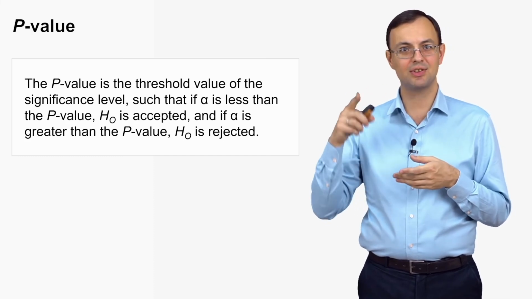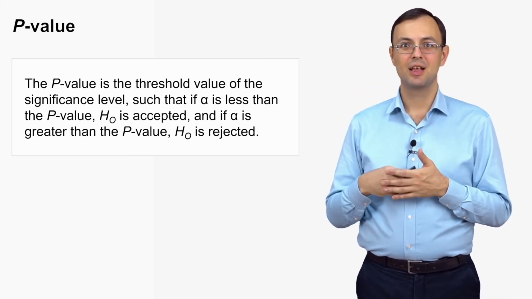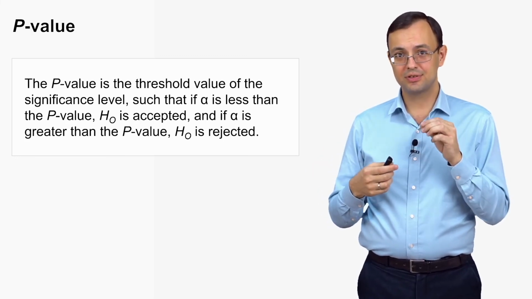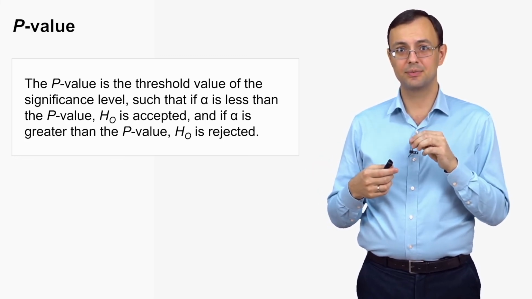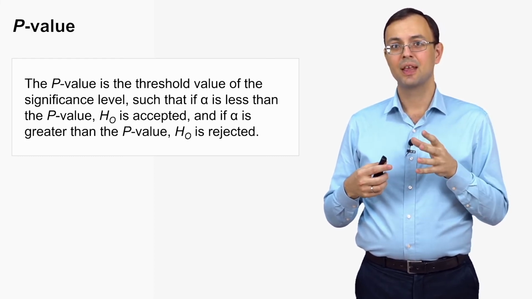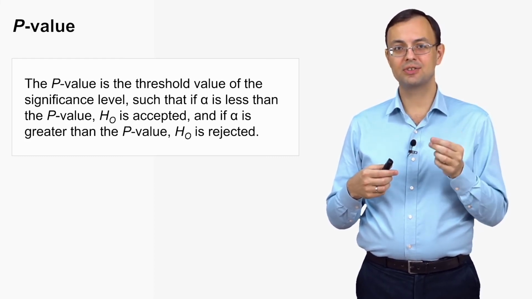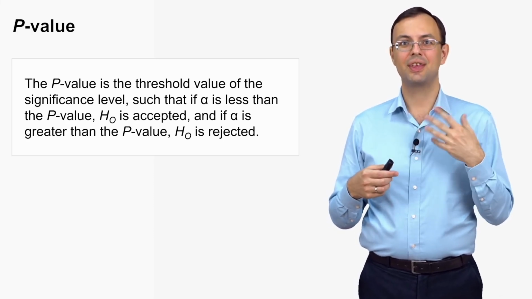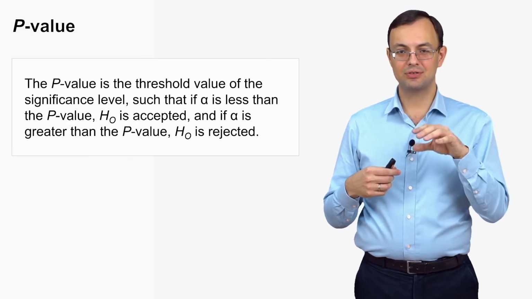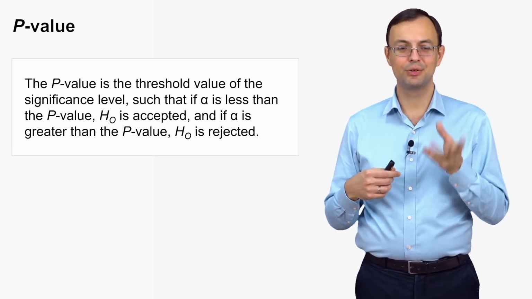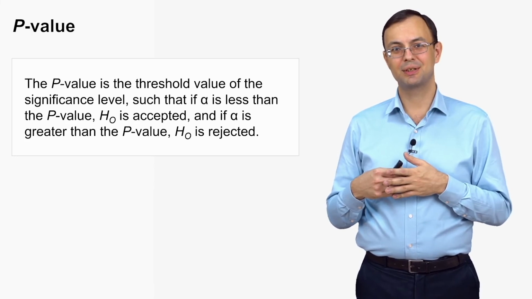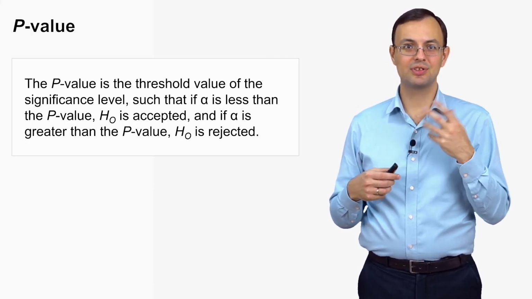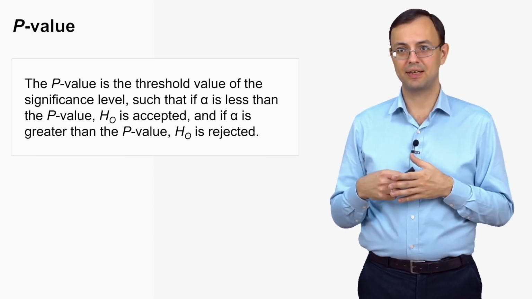You choose a test in the menu, you just press a button, and voila, the answer is here. And the answer such programs give is the p-value, not the decision. They don't ask you for your significance level and then tell you whether your hypothesis is accepted or rejected, but they give you the p-value, and then you choose the significance level and compare it with the p-value.